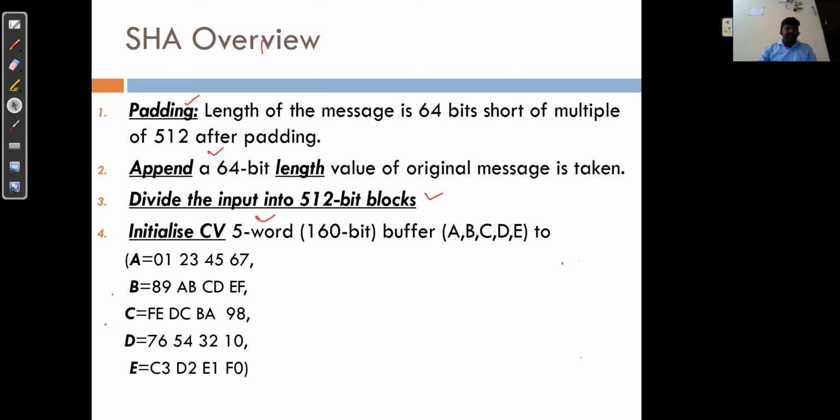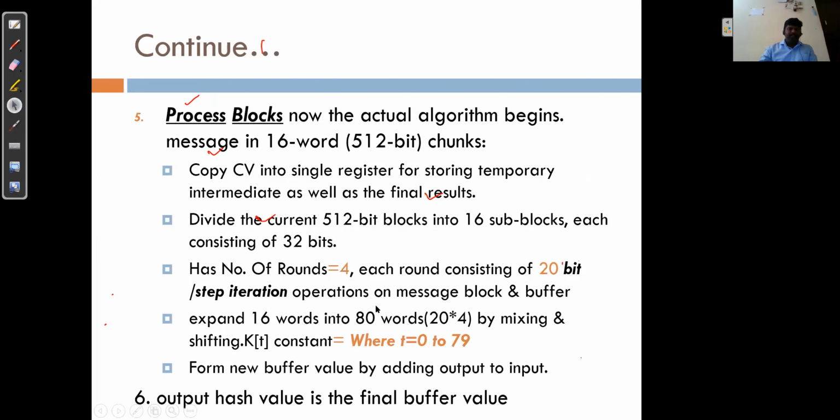It has to be followed in a specific order, followed by whatever information I explained for the MD5 algorithm. So there are only a few changes. Here we have 5 initial vectors, so 5 into 32 gives 160.